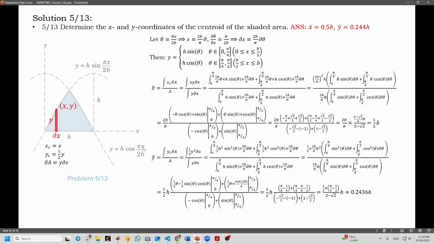So then pi x over 2b will be pi over 4. So instead of pi x over 2b, I just put theta. Let pi x over 2b be theta.